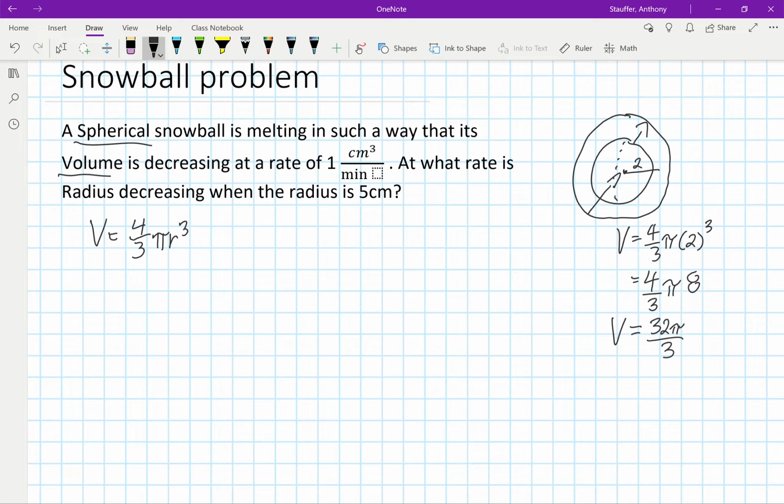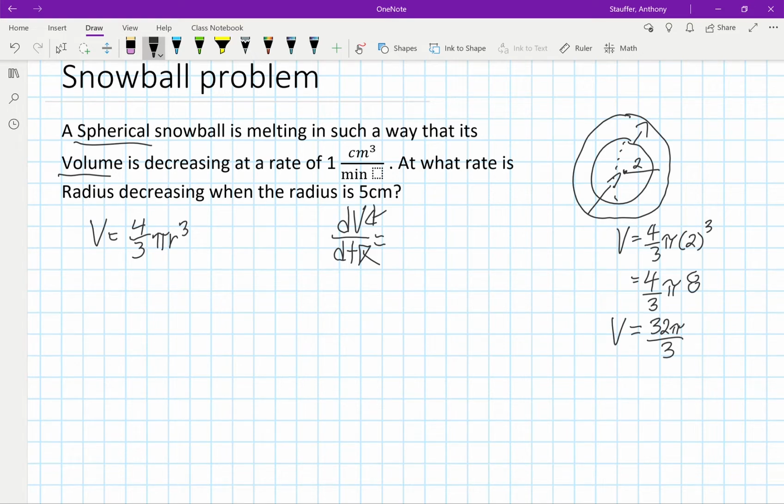If I wanted to write that as a variable, it would be dV over dt, because dV represents the change in the volume and dt represents the change in time. So if my volume is decreasing at a rate of 1 centimeter cubed per minute, my volume is decreasing as a rate of time.